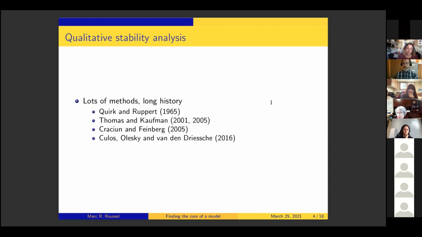Martin Feinberg has done a whole lot of work, some of which I'll touch on again in a few minutes. George Craciun is kind of an emerging star in the field. Pauline van den Driessche, whom many of you know, I'm sure, who's at the University of Victoria, has done some interesting work in this area too. So there's some work, some old, some new, on trying to use qualitative features of a network to say something about the possible dynamics of that network.